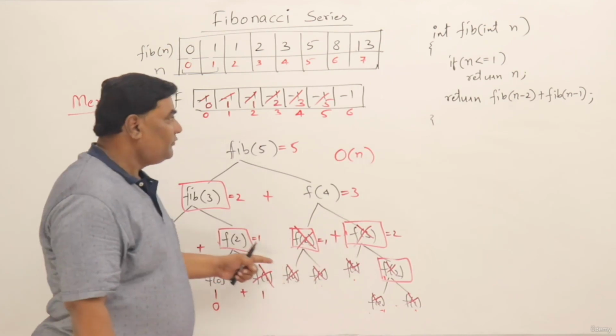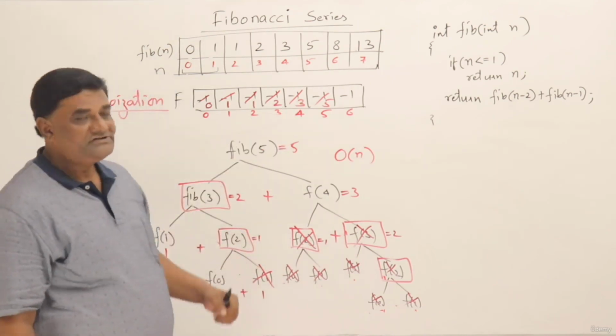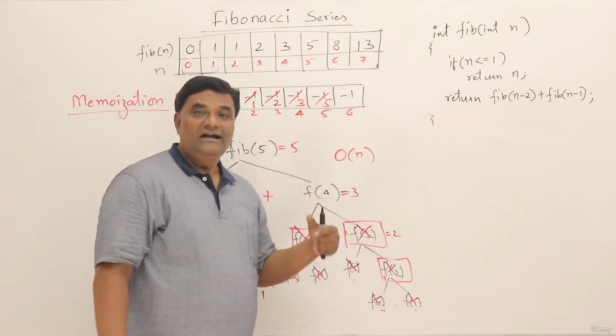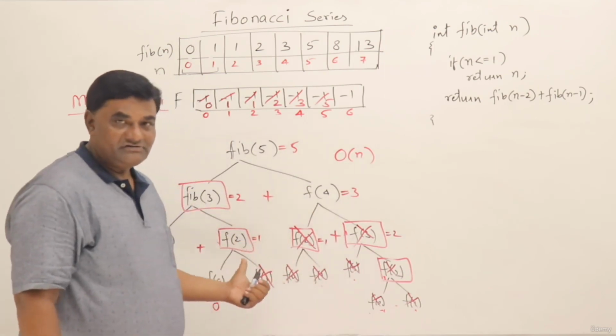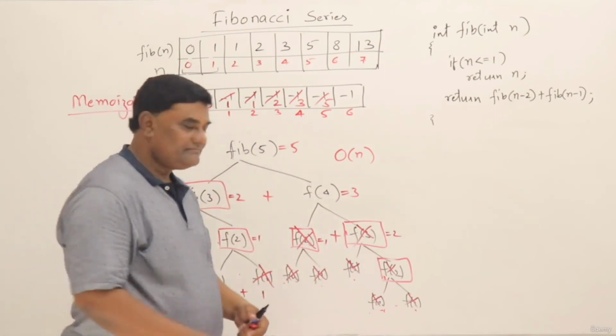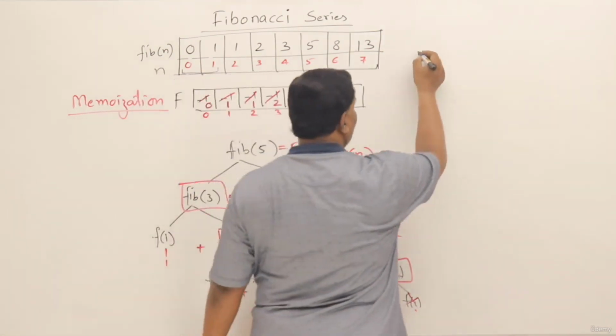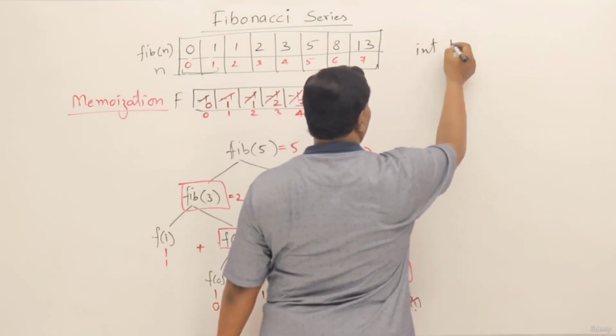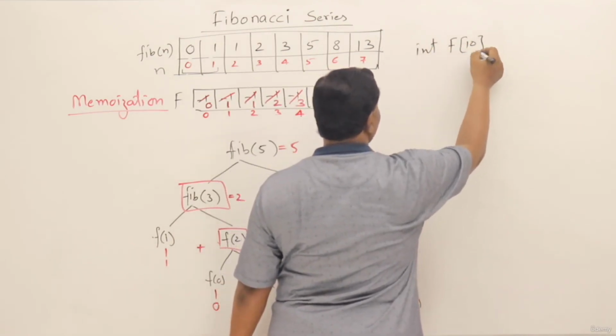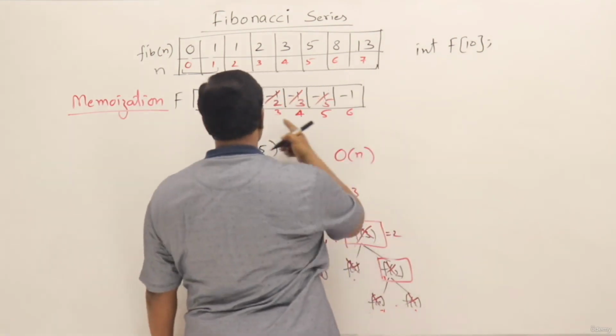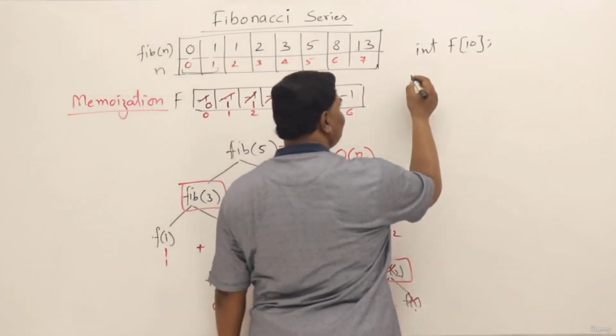Now based on this memoization, I have to modify that function. So I will remove the function and write a better function that is using memoization. Let us write a function. Suppose there is some global array f which is initialized by some function, let us say the main function. All minus 1 are filled in the main function.